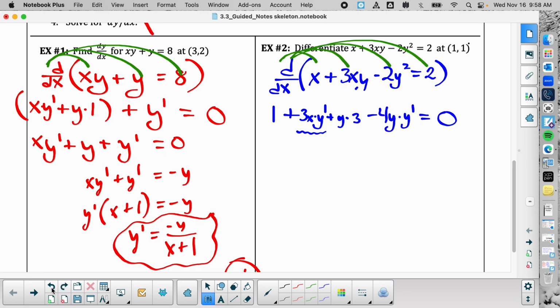Every term that's not y prime, let's get rid of. So then this would say 3xy prime minus 4yy prime equals, excuse me, negative 3y minus 1.